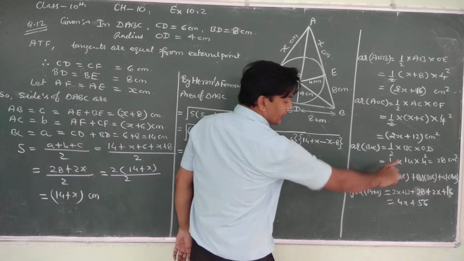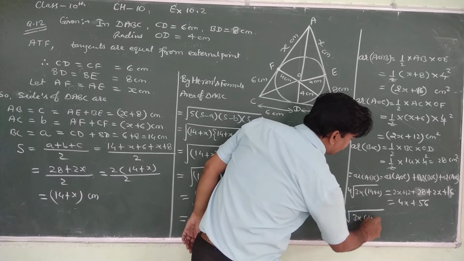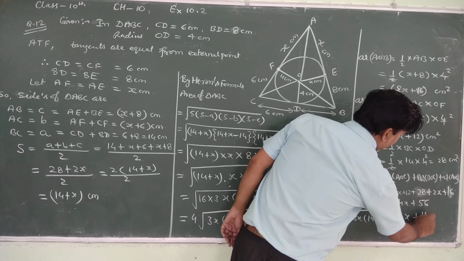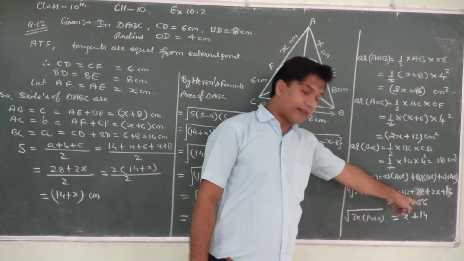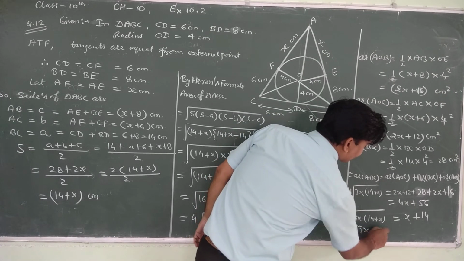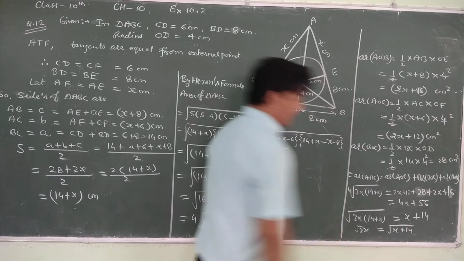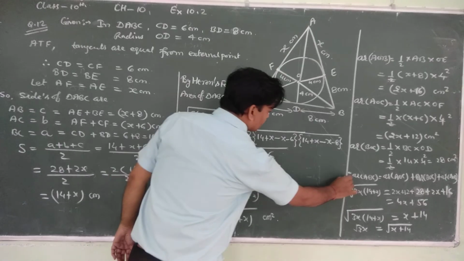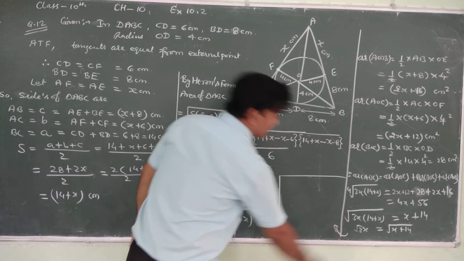So dividing by 4 on that side, we have root of 3x into 14 plus x equals x plus 14. Now dividing by root of 14 plus x on the other side, root 3x is equal to root of x plus 14. Square both sides.